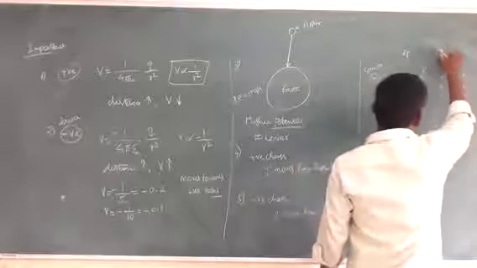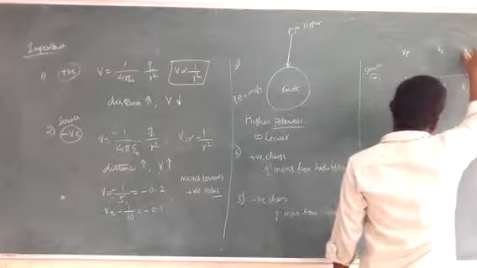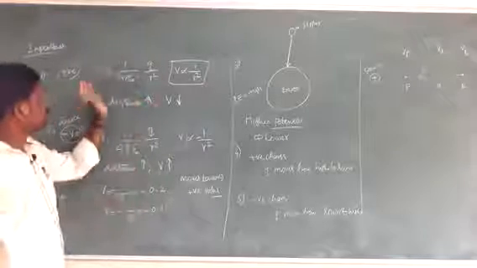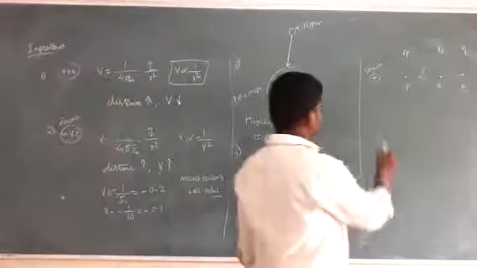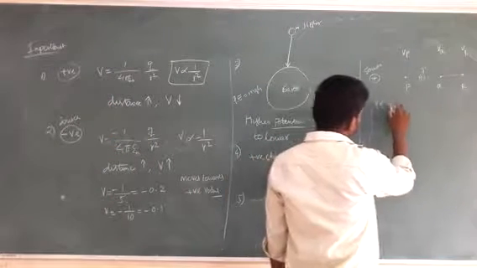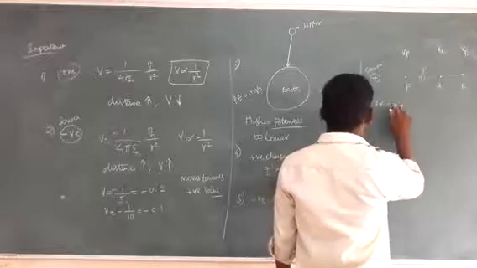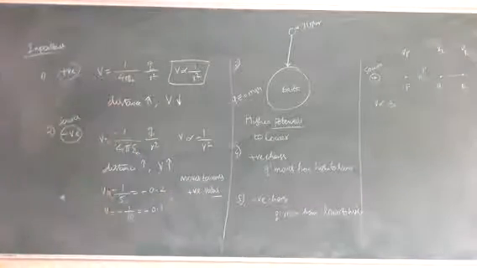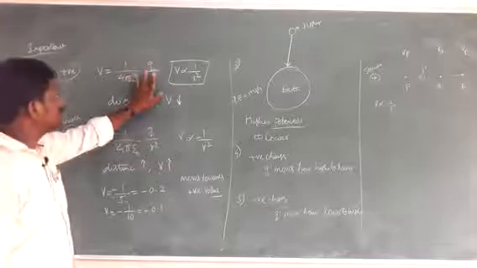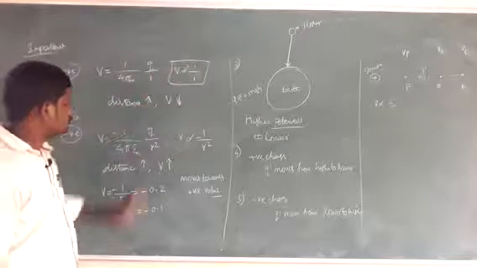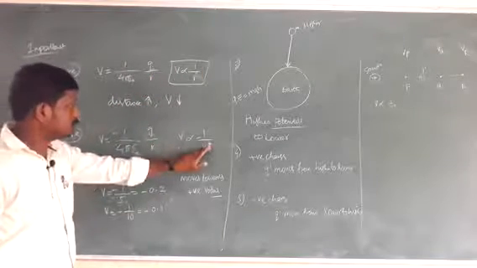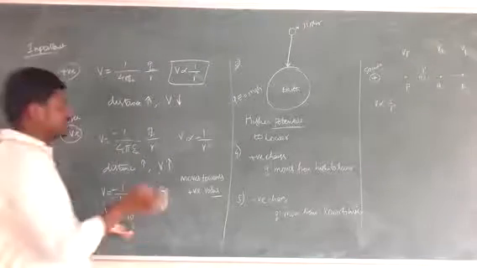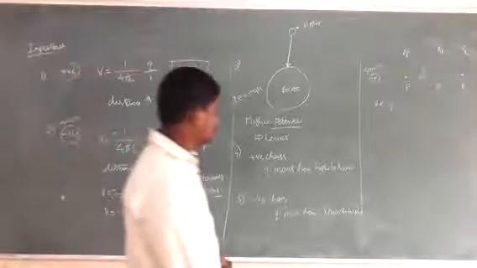Potential at Q is Vq, potential at R is Vr. Here V is inversely proportional to R, it's not R squared. Electric field is inversely proportional to R squared, potential is inversely proportional to R.